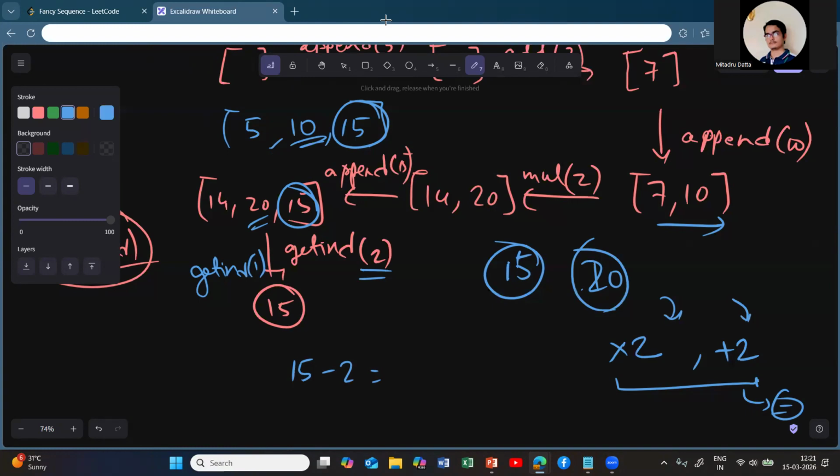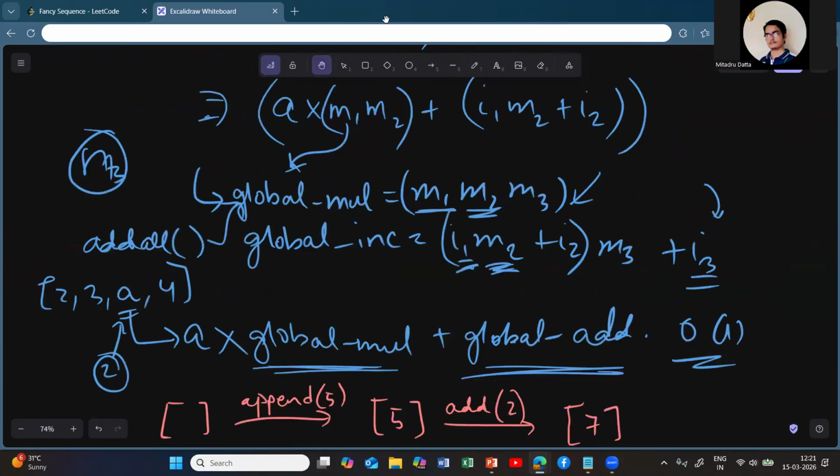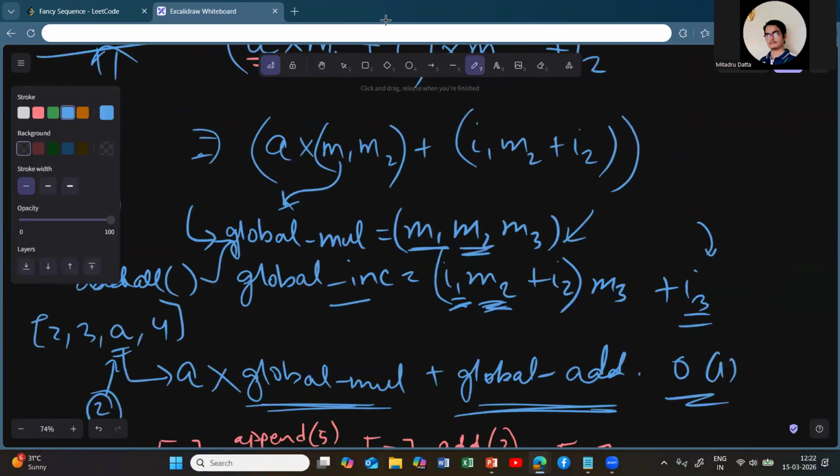Okay, see, now see, you global add, whenever you do, you see, you multiplied it later, right? So the adder is actually 4 now. The adder is actually 4 because plus 2 was there. Now I hope you do remember this, that the global incrementer also needs to be multiplied by the multiplier.